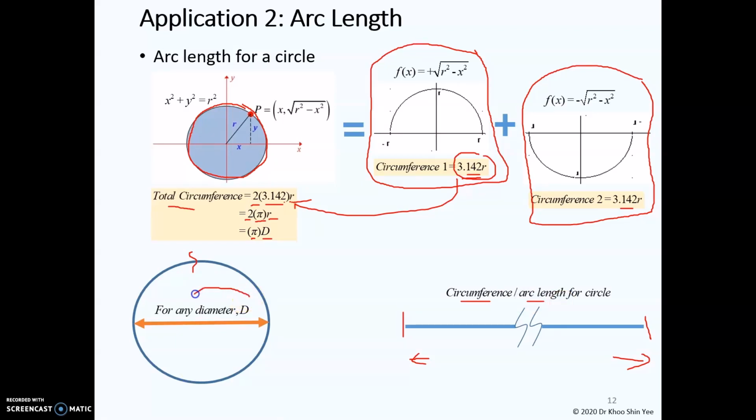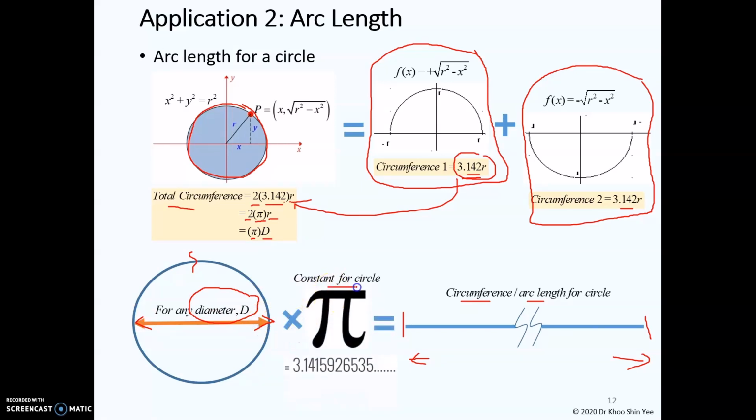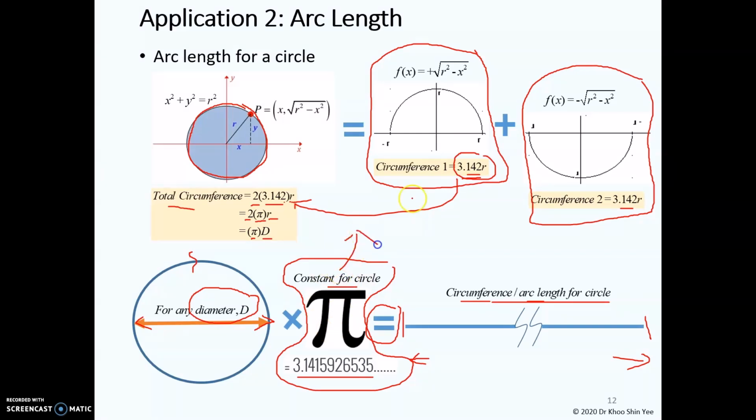For any diameter d here that you can measure, multiply with the constant for the circle, which is pi, equal to 3.141 and so on. It gives you the circumference for the circle. And bear in mind, the pi value here is an important coefficient for a circle, and this value can be obtained by using the arc length formula, as shown in this example.